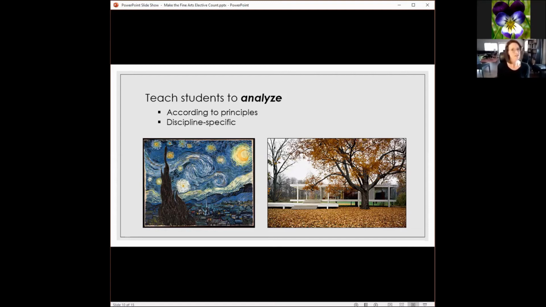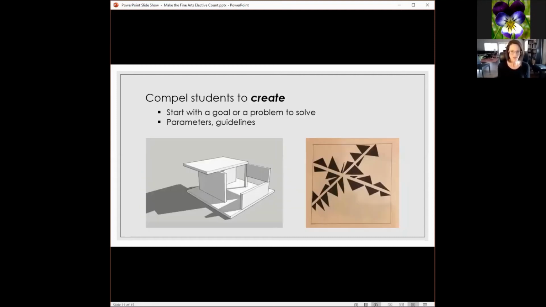And again, these are concepts specific to the arts. But once they take these and they implement them and they do this work on their own, we compel them then to create with these things that we've taught them.